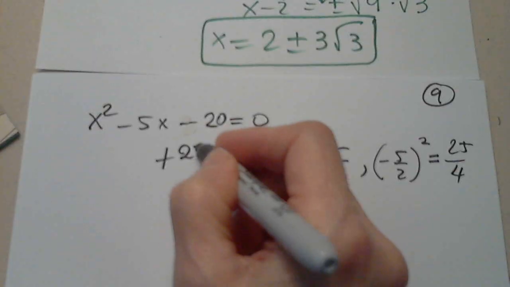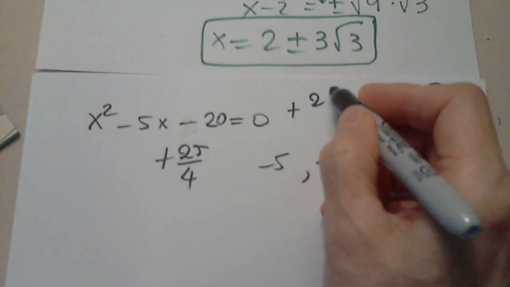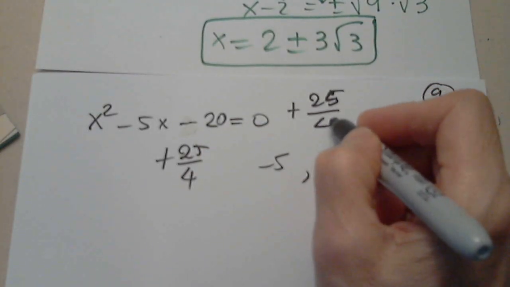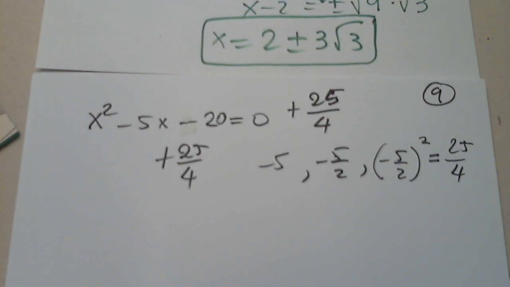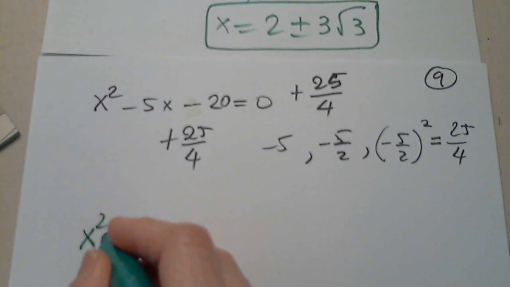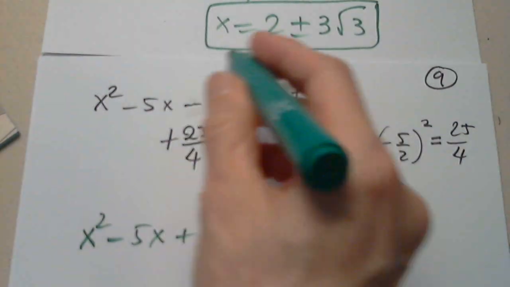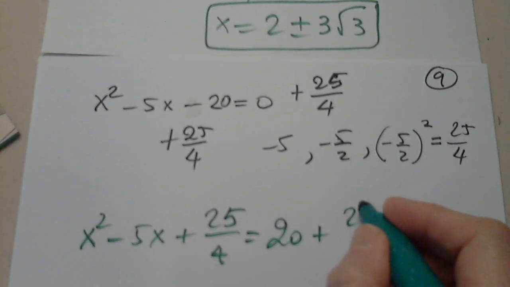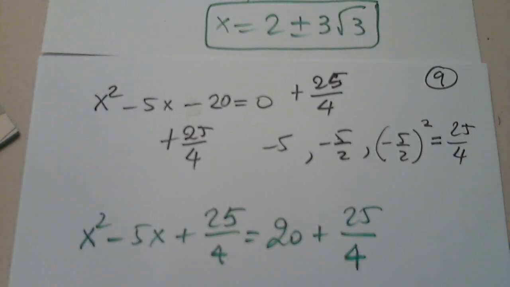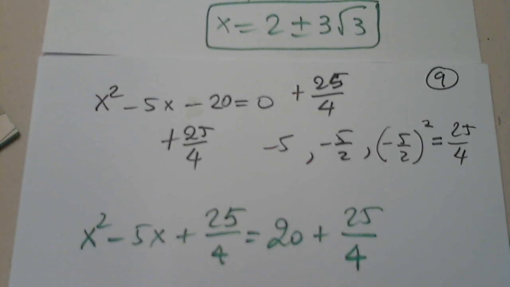This is what we have to add. So, before you say anything, let's write the equation. x squared minus 5x plus 25/4 equals 20 plus 25/4. Four times 20 is 80, so it's 105/4 on the right-hand side.